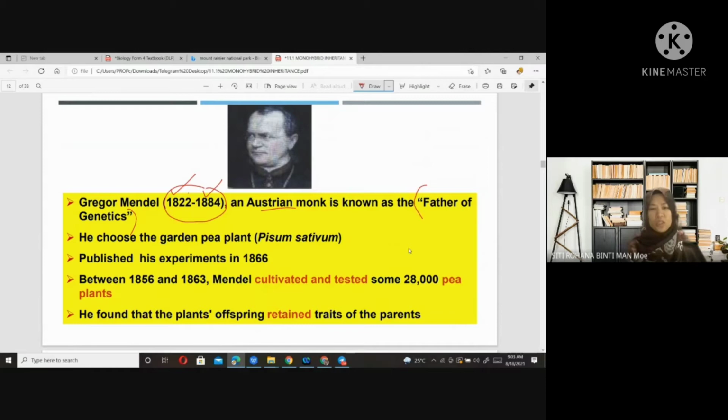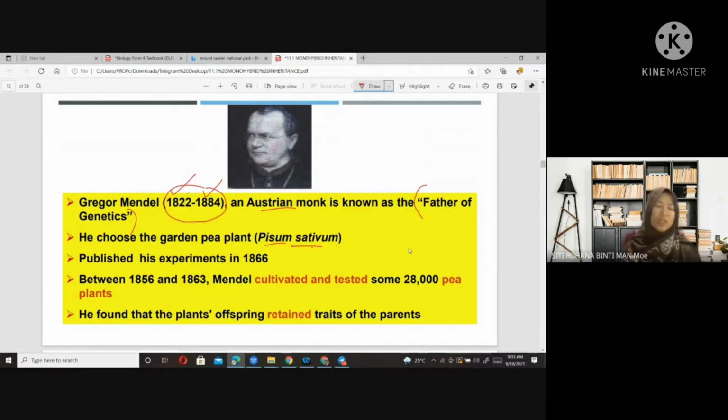Bapa kepada genetik. Okay, kenapa? He chose the garden pea plant. Scientific name for garden pea plant is Pisum sativum, and published his experiment in 1866.